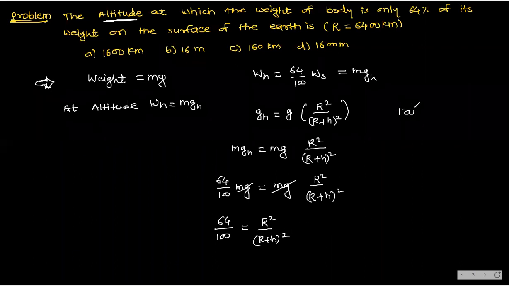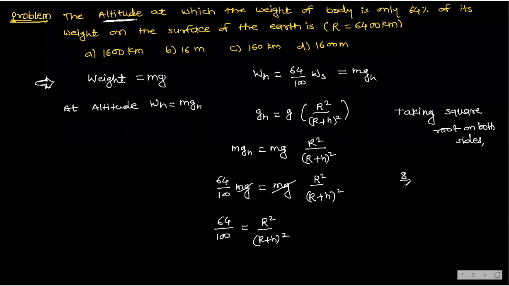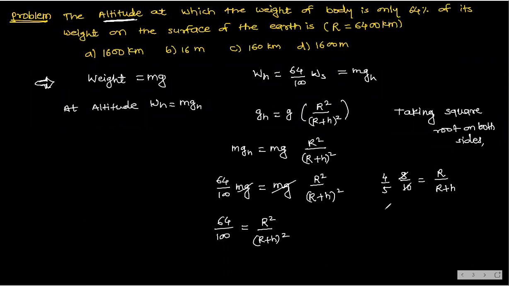Taking square root on both sides, how much are you getting? 8 by 10 is equal to R divided by (R plus h). So this is equal to 4 by 5. So 4 into (R plus h) is equal to 5R.